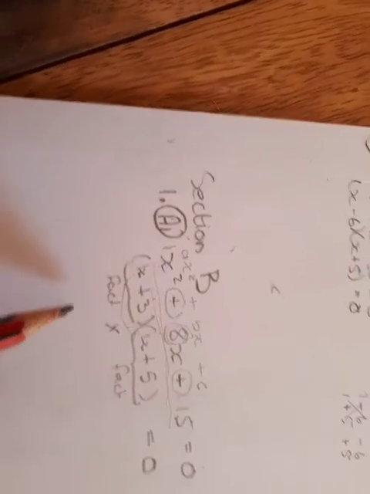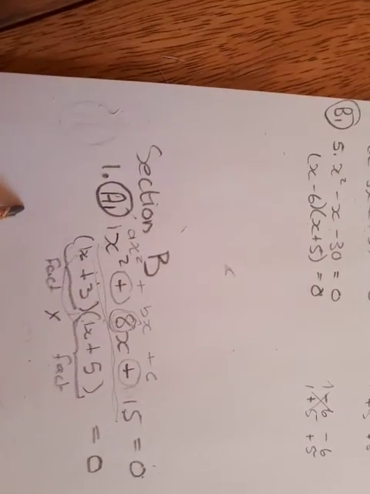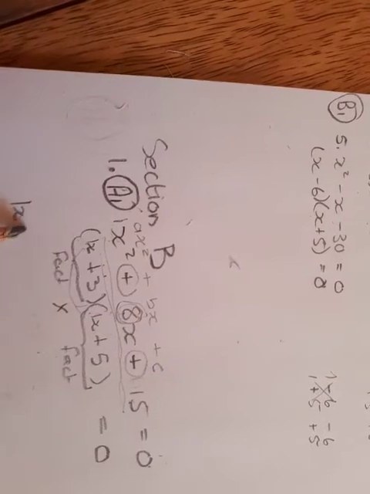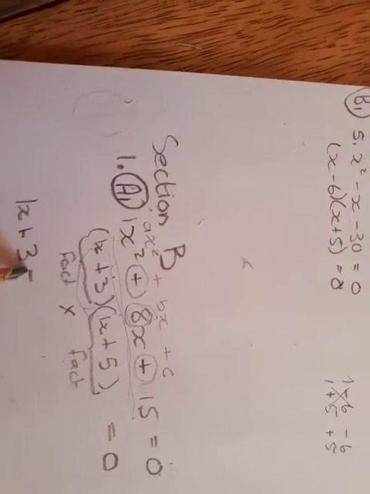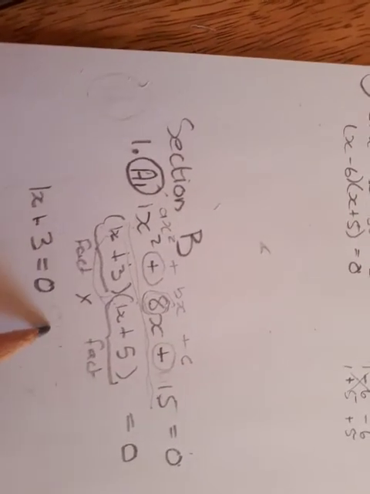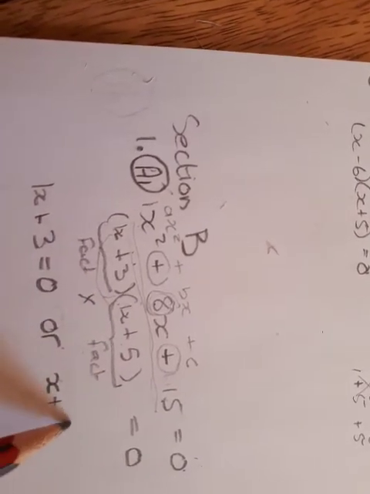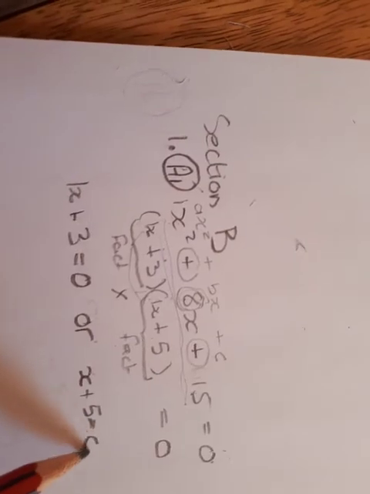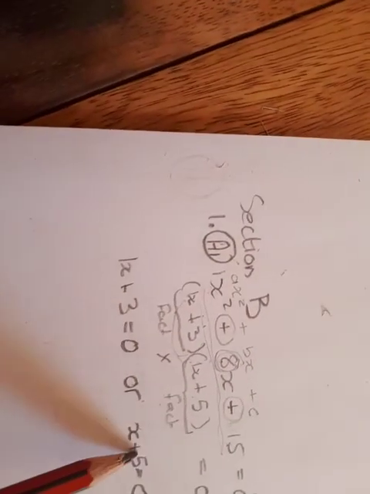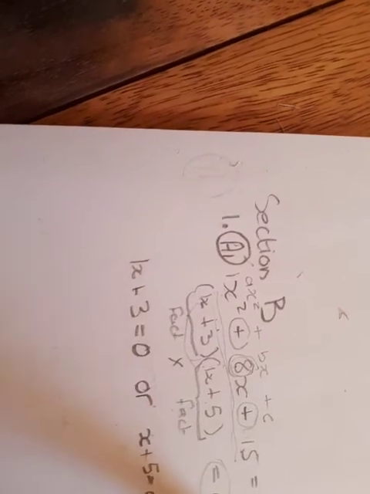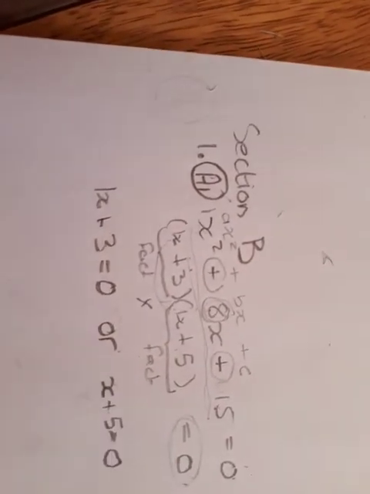Okay, and that is what we're going to do now. You take your first bracket, you say 1x, or just x, plus 3 equals 0, or the other bracket, x plus 5 equals 0. That is this principle applied. One of these two brackets must be 0 if you need to get a 0 as an answer.